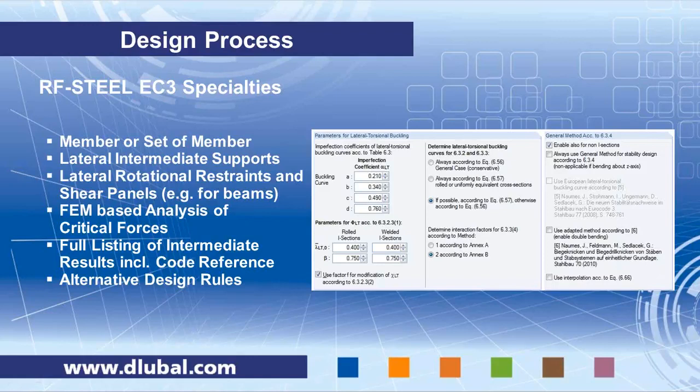There are some limitations in the general method of EC3, and for example, you cannot use this general method for double bending, which is quite often needed during the design process, and we have already included those provisions that are published in recognized magazines in RF Steel EC3, so you can already now use what may be the future code solution.